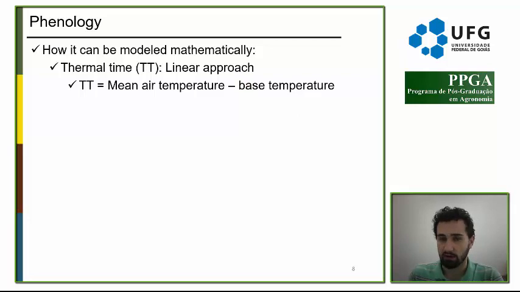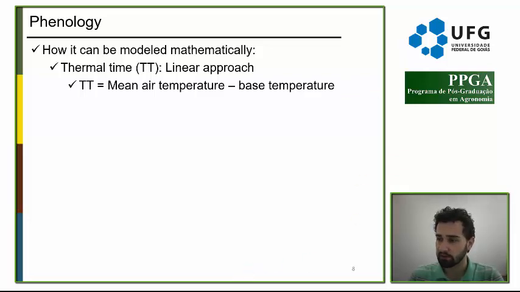Here we have this very simple model where every day I make this calculation to get how much thermal time the crop accumulates each day, and when the crop reaches this total thermal time that the crop needs to complete a phase, we can estimate in thermal time how many days the crop will spend to reach flowering, for example.